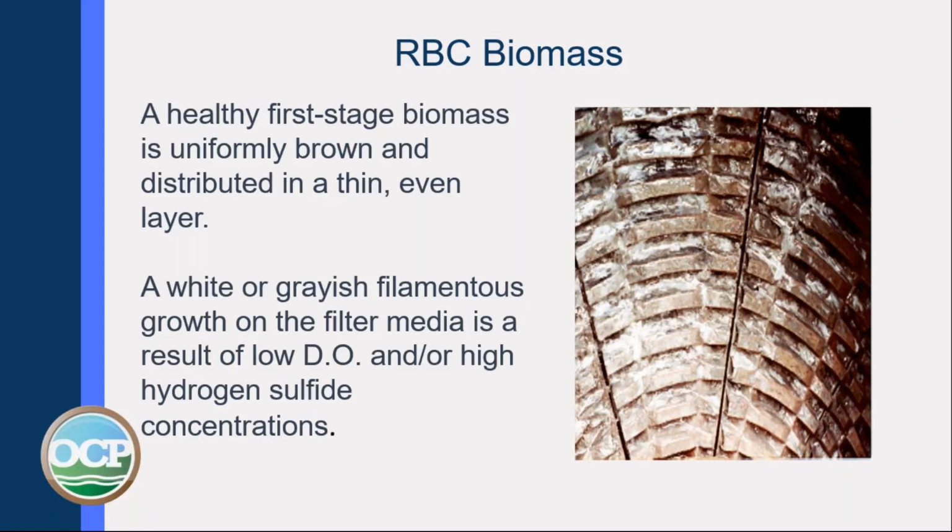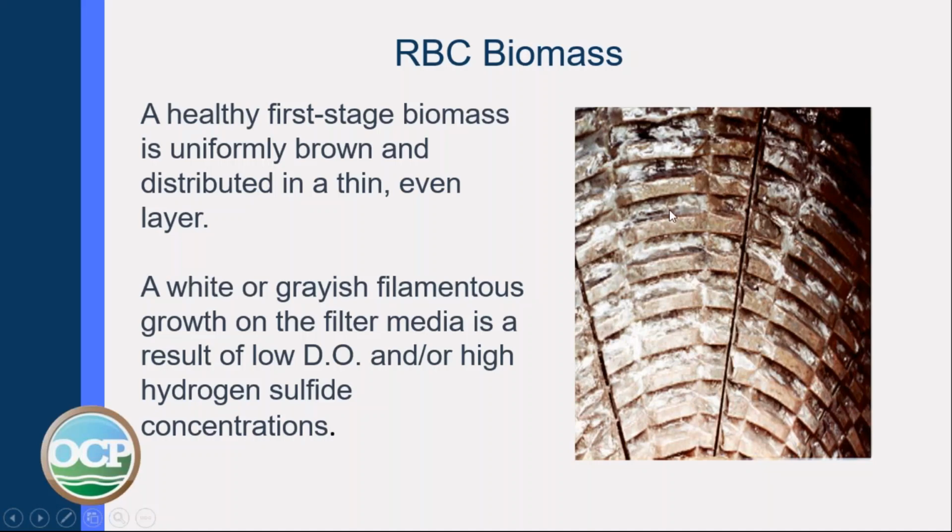A healthy first stage biomass on your RBC media is uniformly brown and distributed in a thin, even layer. If you look at this picture, you'll see the media looks like it's got white or grayish filamentous growth on the filter media.